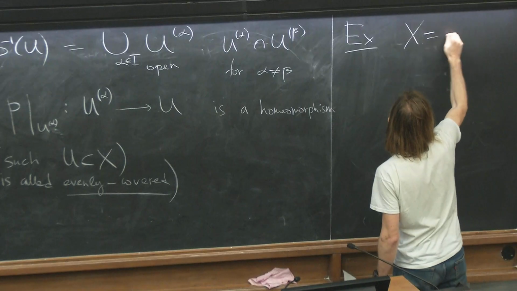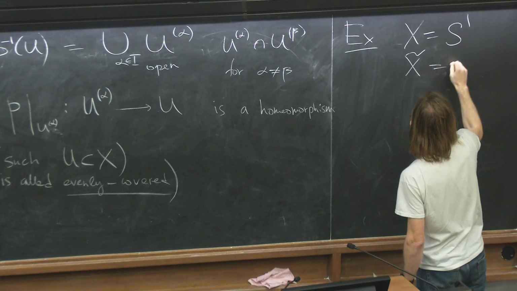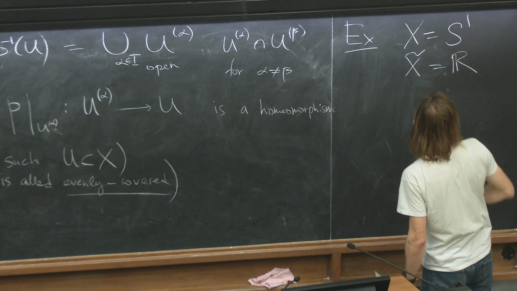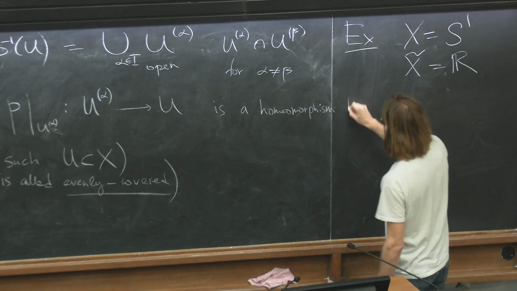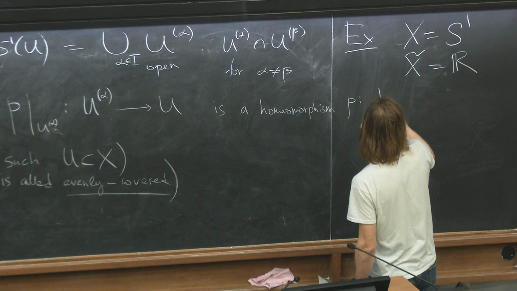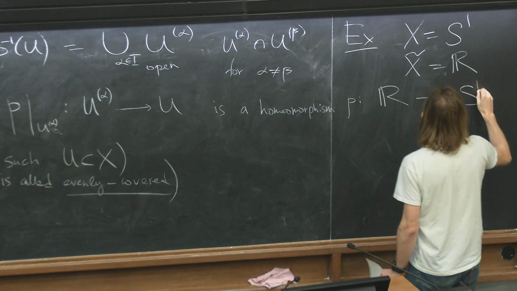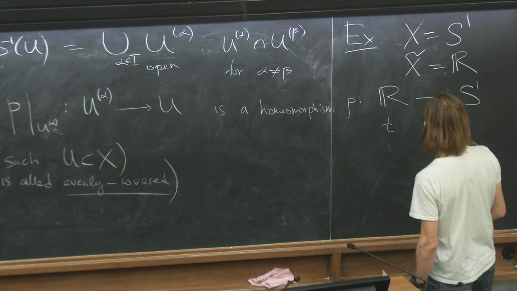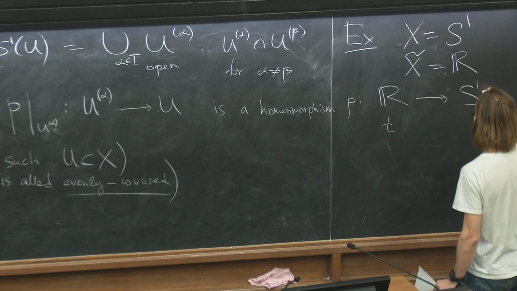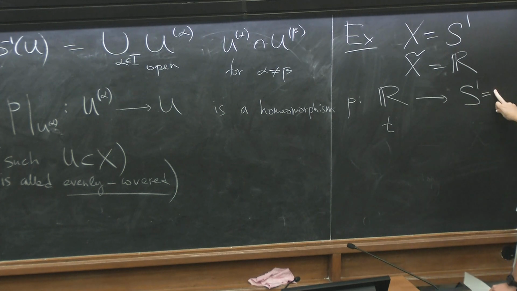Consider X to be a circle, and the role of the covering will be played by R, and our projection, which is a map from R to the circle, will just be the projection corresponding to the quotient which we use to define circles.